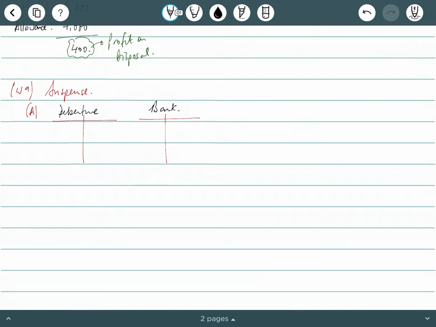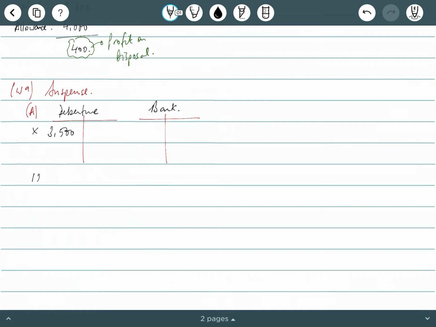So, the incorrect figure for debenture interest. If we go back up to our trial balance for the first 4 months, it was 3,500. That 3,500 was put in here, but as we know, this is the incorrect figure. So we need to work out the correct figure. Debentures is simply 8% of 120,000.